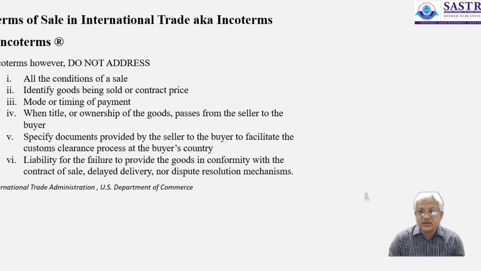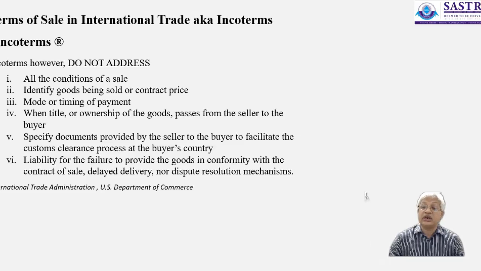It doesn't refer to the mode of payment or when the payment has to be made for the goods that are sold to the buyer. Very important, it does not address when the ownership of the goods passes from seller to the buyer.